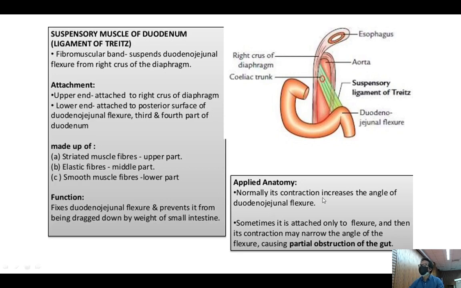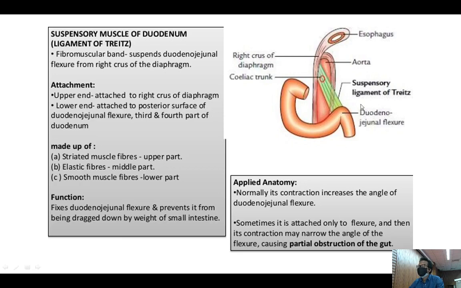Normally the contraction of this ligament increases the angle of the duodenojejunal flexure. It's very natural. If you pull this ligament up, this angle will increase, right? This angle, the duodenojejunal angle, will increase. And sometimes it is attached only to the flexure, and then it contracts.